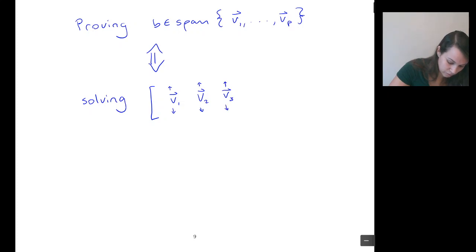There we go. So this augmented matrix right here.